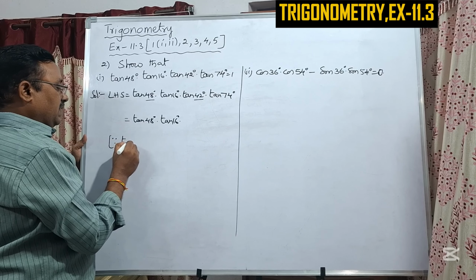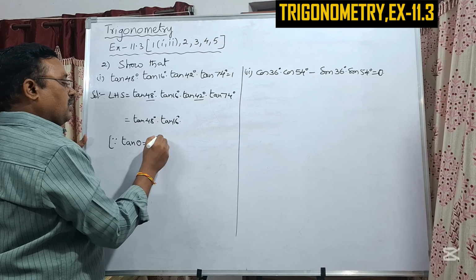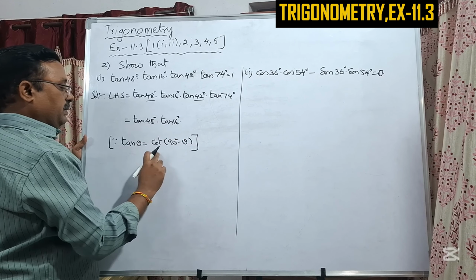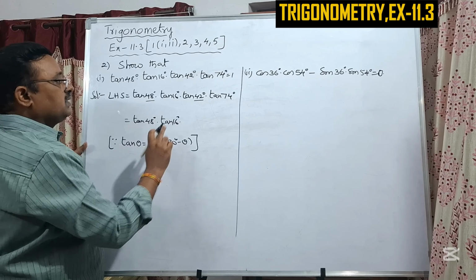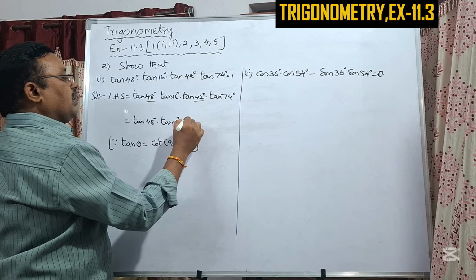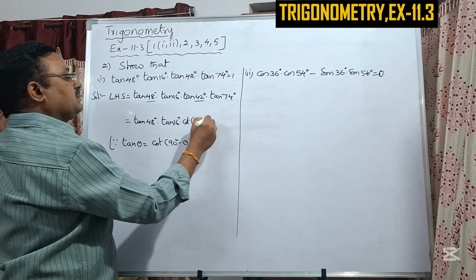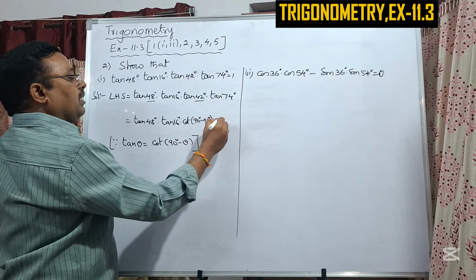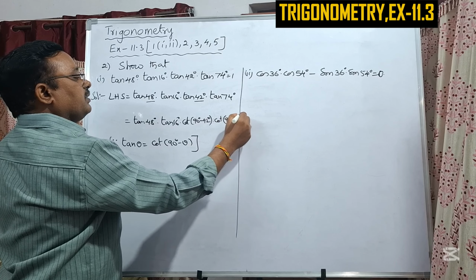We know that tan theta is equal to cot 90 degrees minus theta. A function with its complementary angle gives you an equal answer. That's why this will become the complementary function cot 42 degrees. The complementary relation is 90 degrees minus 42 degrees. Into this one also, cot 74 means 90 degrees minus 74 degrees.